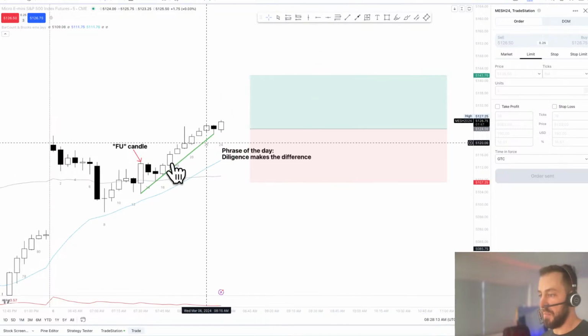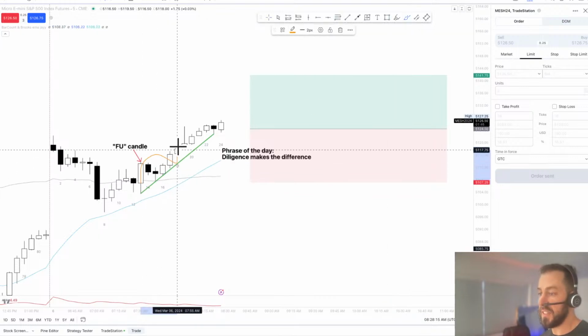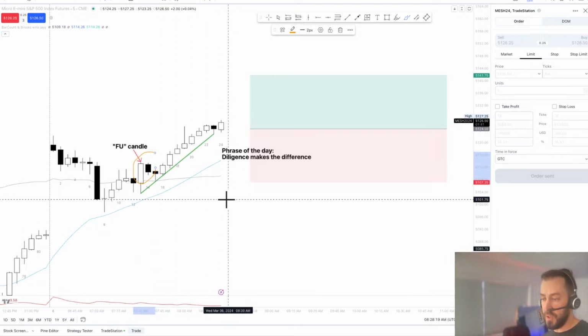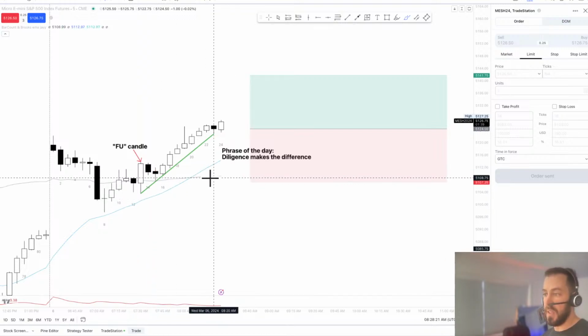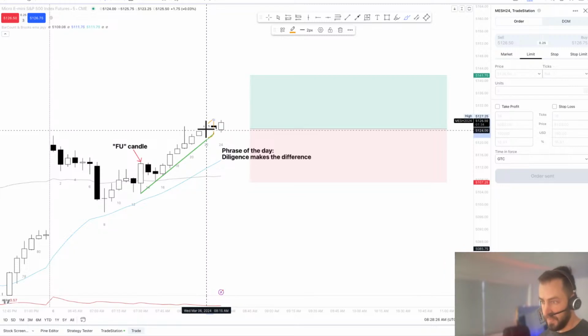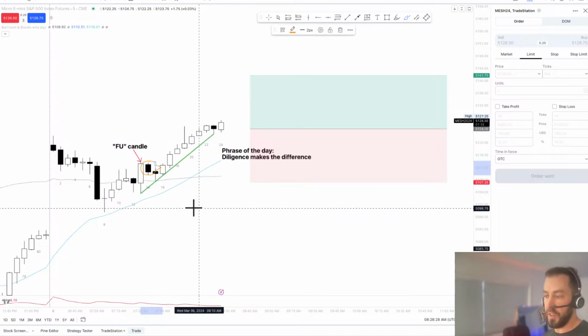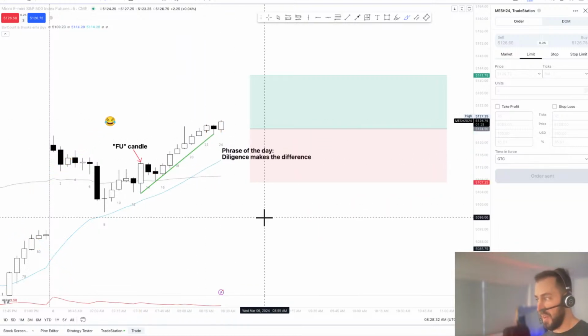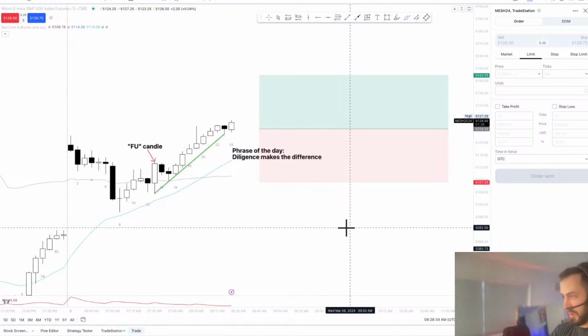Another great rule of thumb in a tight channel, which this is, tight channels are channels where the pullbacks are 1 or 2 bars, maybe 3, okay? The first reversal down will fail. So maybe this was the first reversal, or maybe this is the first reversal, but the first few reversals will probably fail.